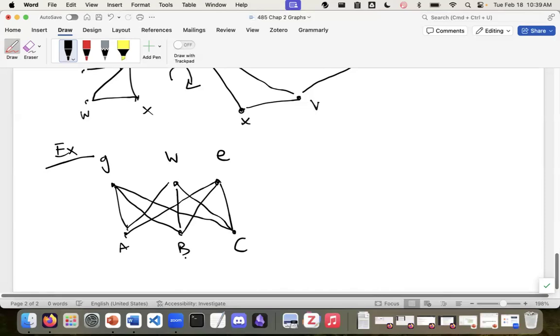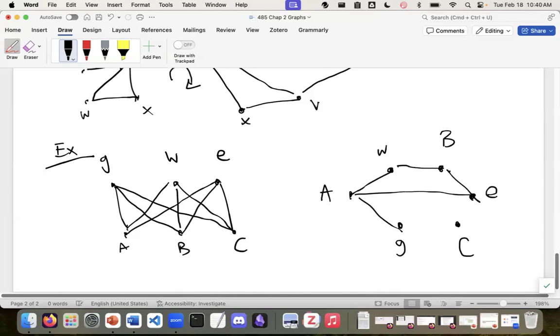We could also move it around. So another way to draw it is, I'll draw out all these dots and then I'll label them. So we've got house A over here, B over here, C over here, and then we've got gas, water, and electricity. And so A gets connected to water, electric, and gas, and so on for B and C, right?